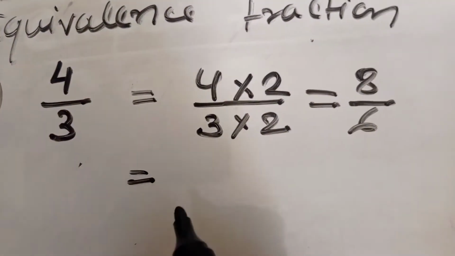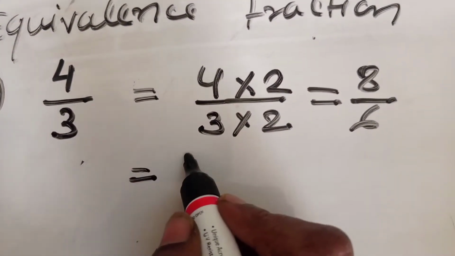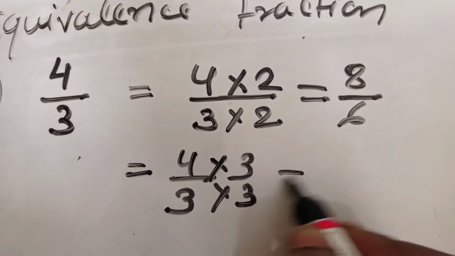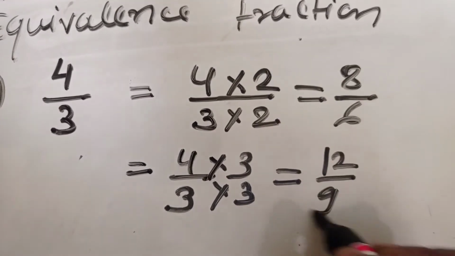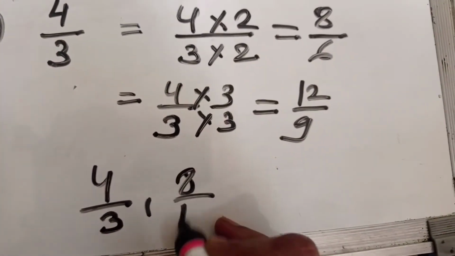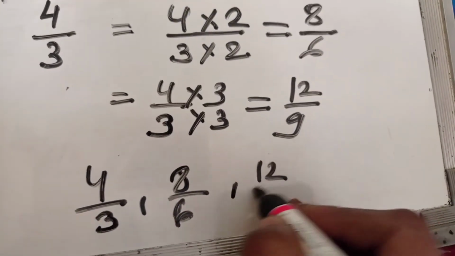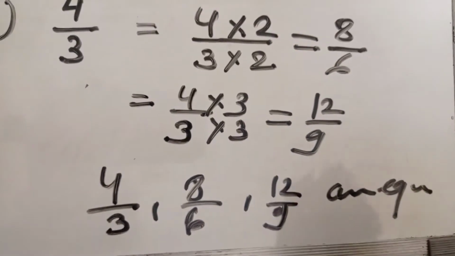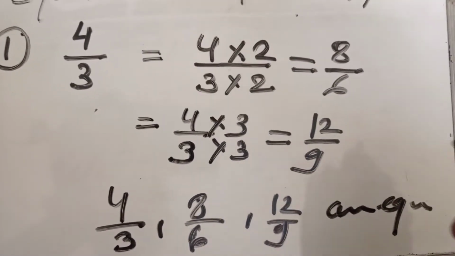And suppose another equivalent of 4 by 3: multiply by another number 3, so we get 12 upon 9. So 4 by 3, 8 by 6 and 12 upon 9 are all equivalent fractions. This way we find equivalent fractions.